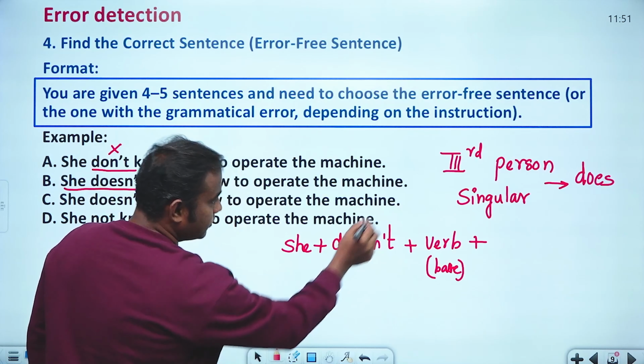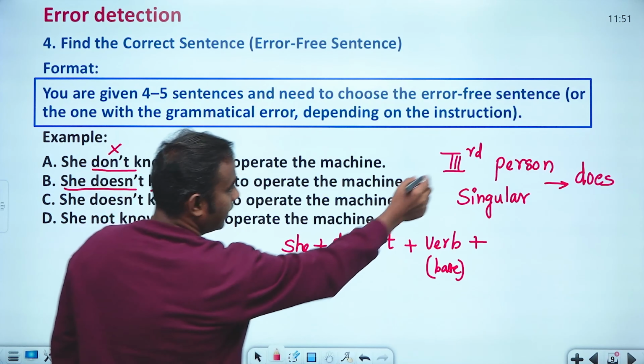After the third person singular auxiliary, the very next verb should be the base verb. That's a grammar rule, so this verb will not carry the "s." So "knows" is not a right answer. So "she doesn't know how to operate the machine." This is the right answer. C is the right answer.